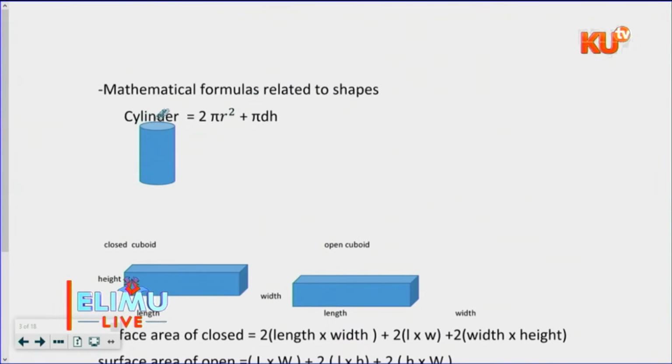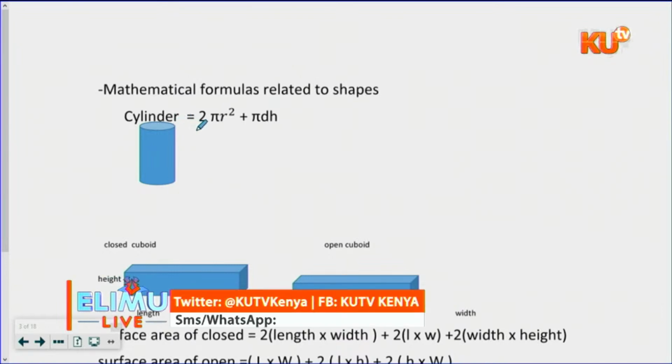This part round here, we call it circumference. When we open it, it will look like a rectangle. For us to get the area of a rectangle, we said earlier it is length times width. So this part here, we'll not call it length at this point. We'll call it circumference.